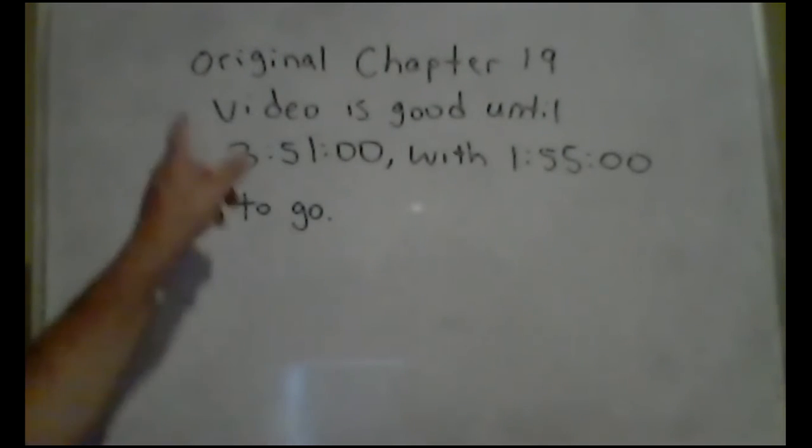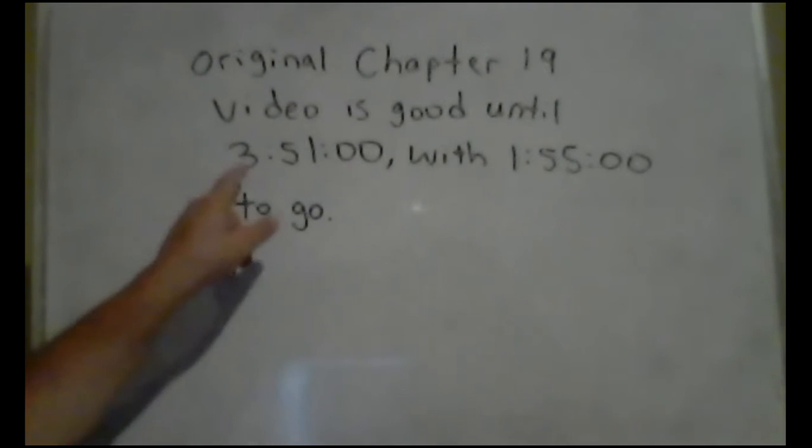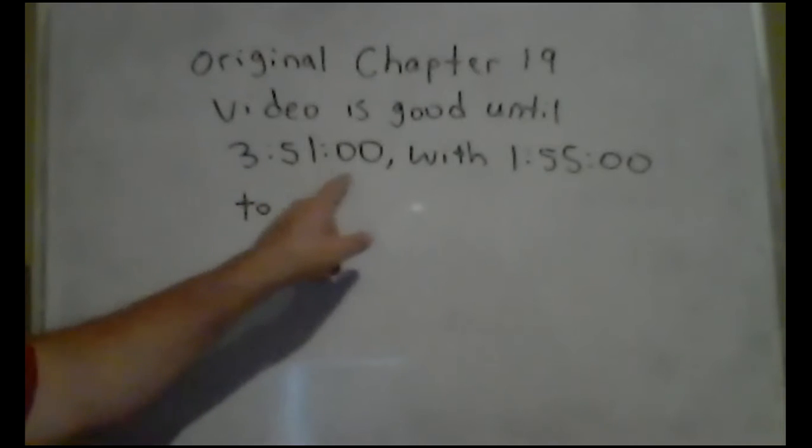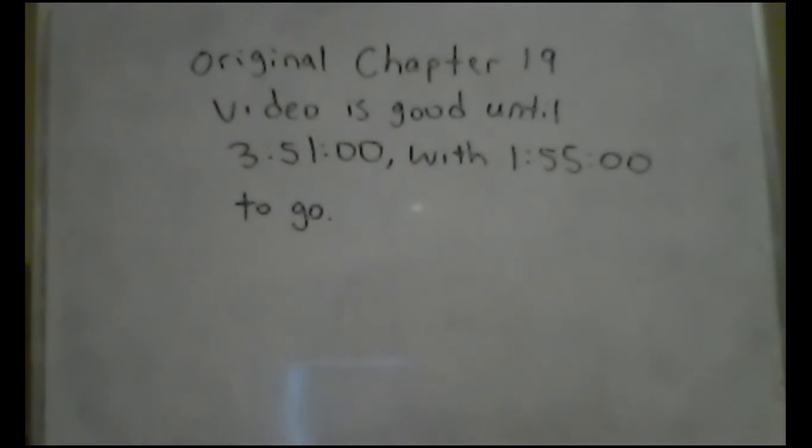So the previous video should be good until 3:51:00. The last 1 hour and 55 minutes was garbled. I'm not really sure what happened. I think it might have had something to do with a thunderstorm going through. But anyway, I'm going to redo the last part of this video.